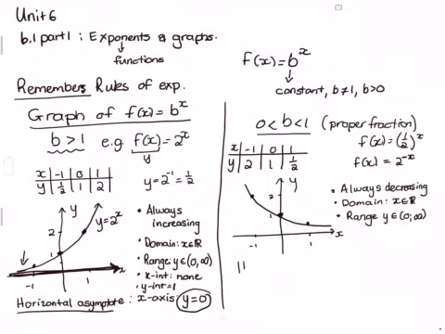And it still has the same horizontal asymptote. So it still doesn't cross the x-axis, but its equation is y equals 0. Y-intercept still equals 1, still no x-intercept.